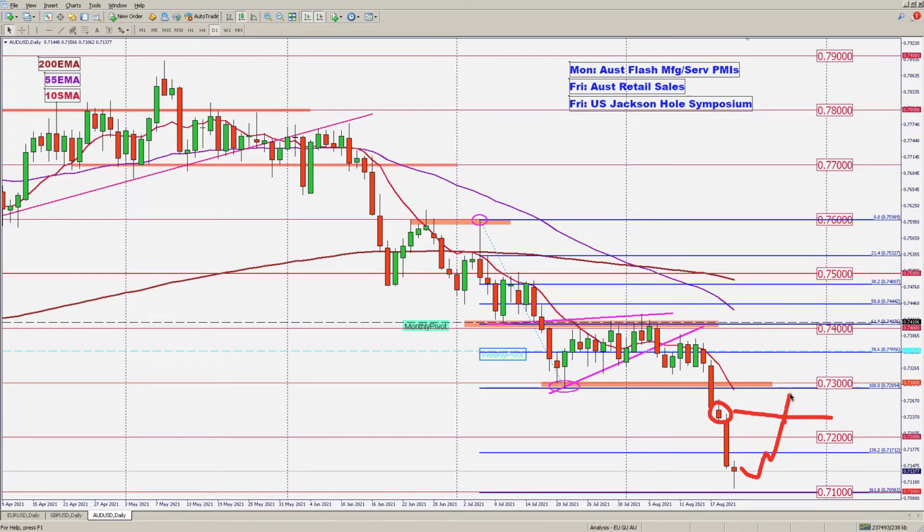It could make its way all the way back to 73, but we'll see. But it's weak. It may not do that, and could just consolidate between the 100 and the 162 FIB zones.